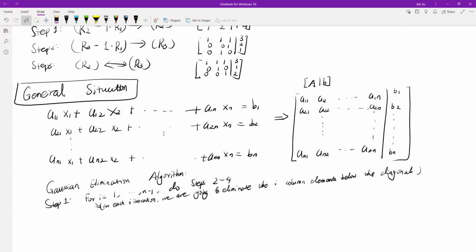So for each iteration we eliminate the elements below the diagonal one by one. There is no i equals n here, since we need to keep that row. We just have n minus 1 iterations. For each iteration we would do step 2, step 3, step 4, so what's in step 2?